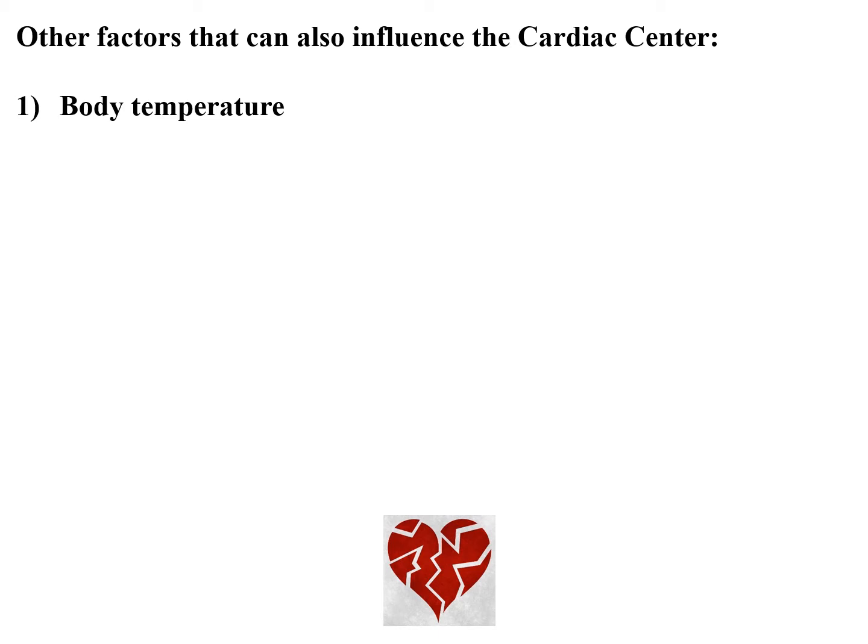Generally, as body temperature goes up, and think about when you get a fever, that's a good way to think of it, that actually results in an elevation in heart rate. In the same way, if the body temperature falls, the heart rate would slow down.